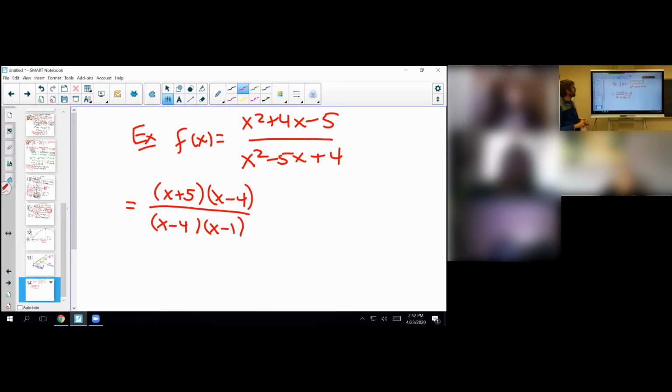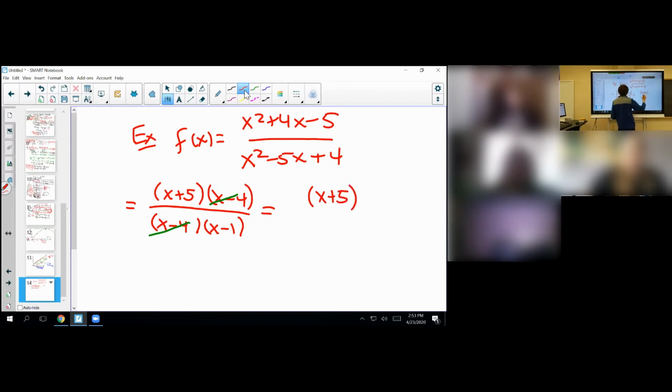So this is how it factors. And you might notice that the x minus 4's cancel, and they do. So this one actually simplifies down to x plus 5 over x minus 1. Very nice.